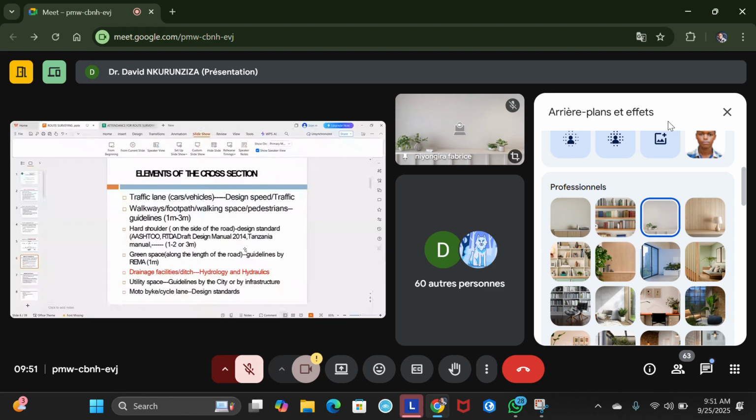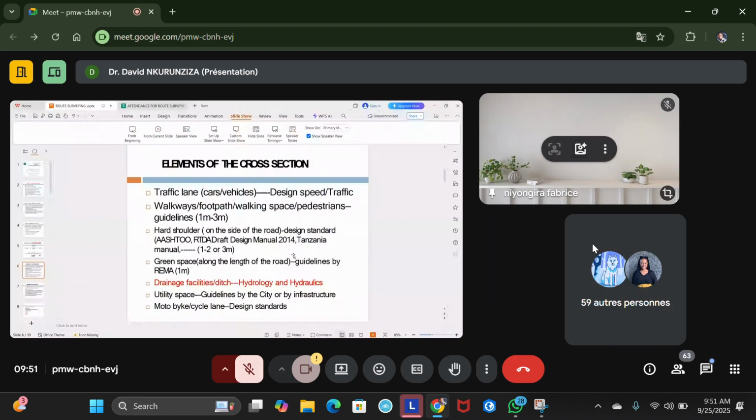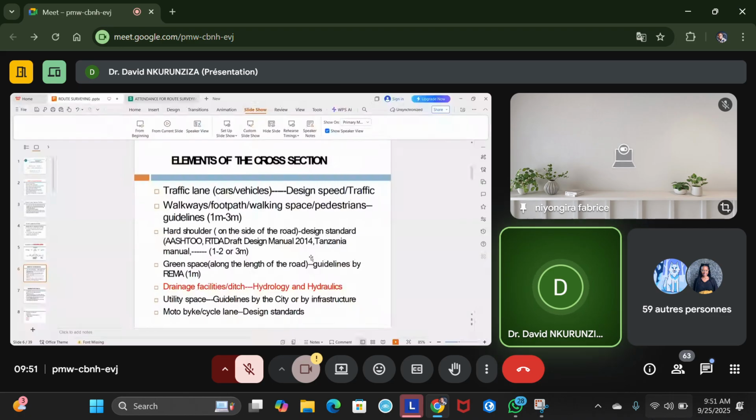You have seen from the previous slide that a cross section should of course have what you call a traffic lane. Traffic lane means the passage of vehicles. It is the space reserved for cars to move. And the traffic lane is generally established based on the design speed, design traffic, and design manual.